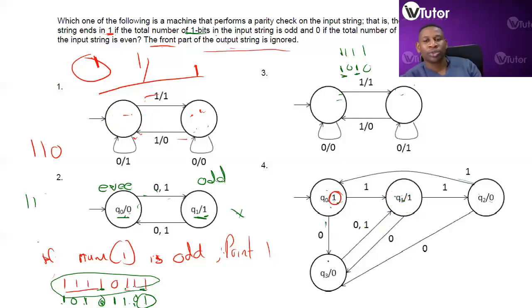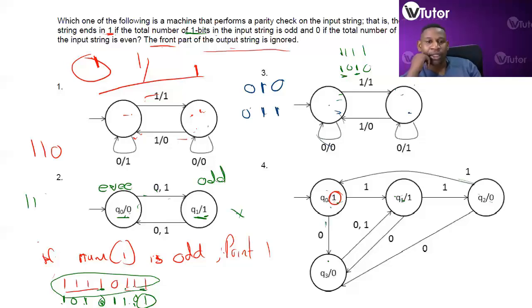Now let's come back to these two. Which one is the genuine one and which one is not the correct one? So if I have, say, for example, 0, 1, 0, I would say if I have 0, I stay there. I have a 0. If I've got a 1, I go. I have a 1. If I have a 0 at this point, I stay. I print out a 1.